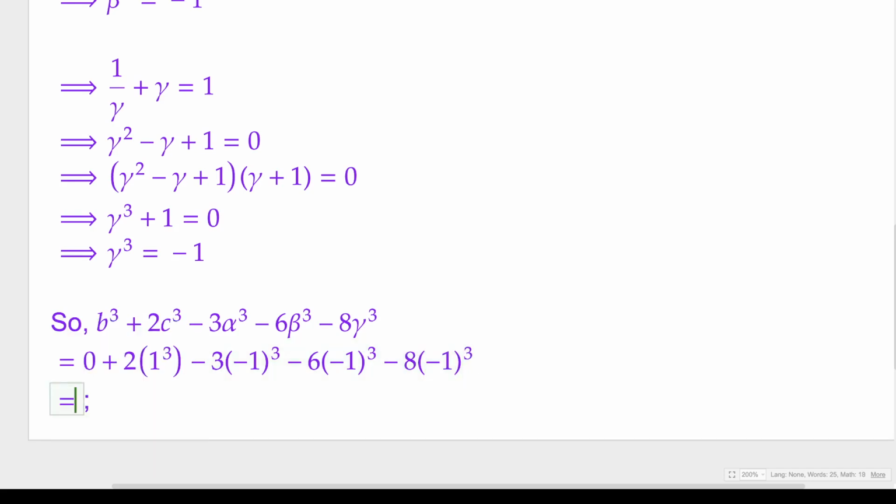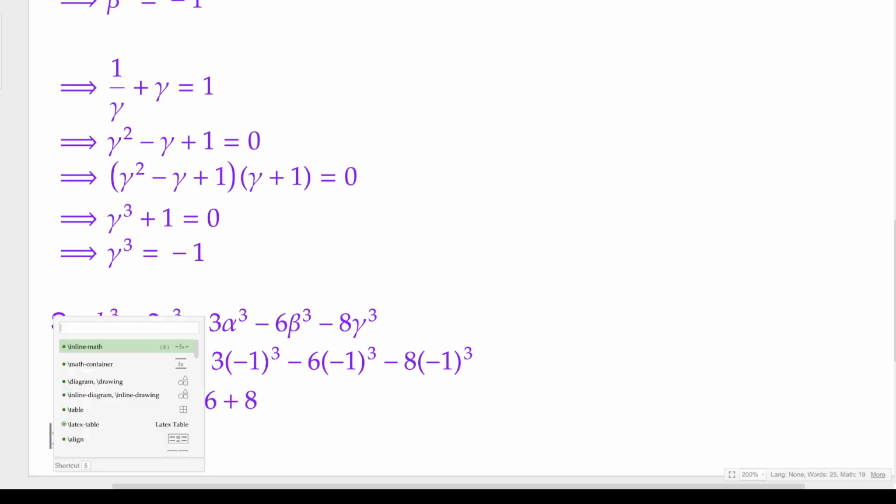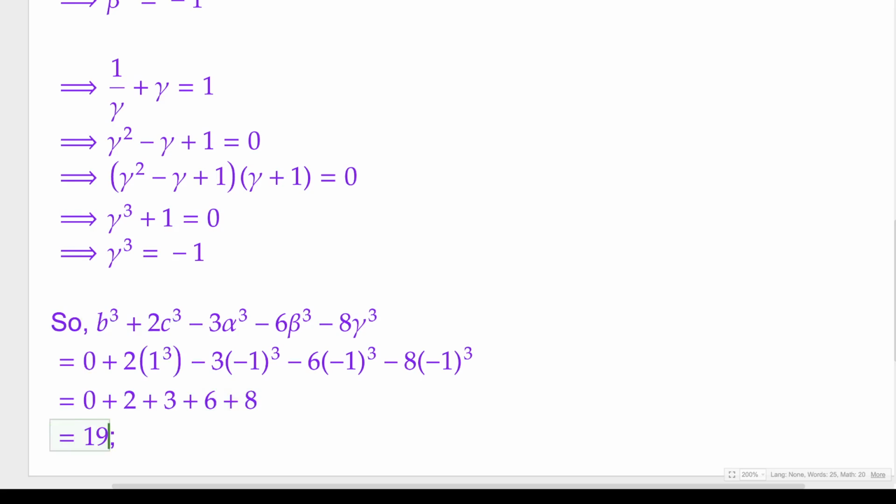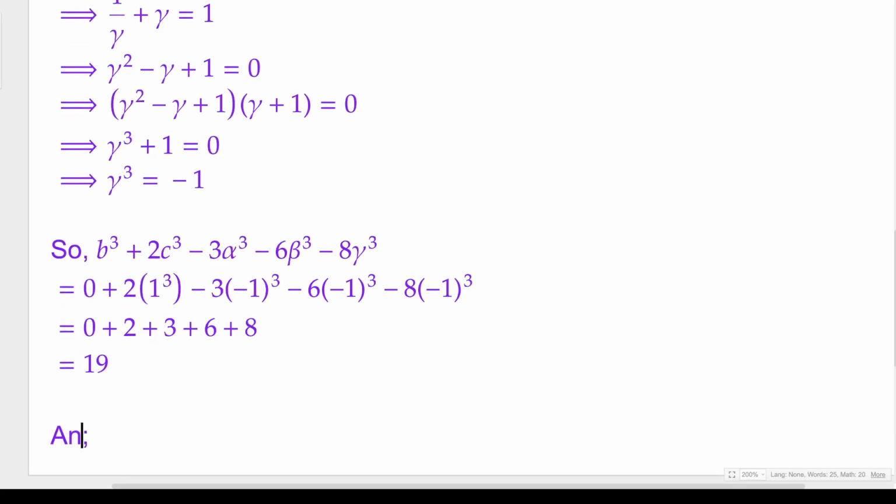On resolving this, it is 0, then plus 2 plus 3 plus 6 plus 8. On adding all of this, I'll get the answer as positive 19. So therefore the answer to this problem statement is positive 19, and hence it is solved.